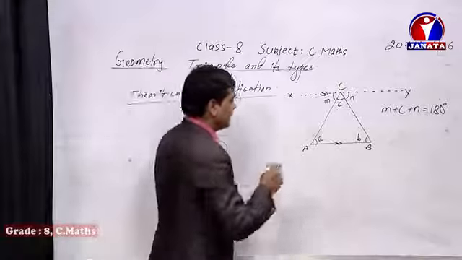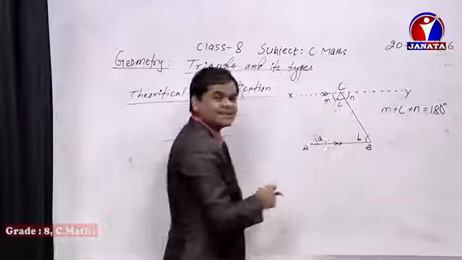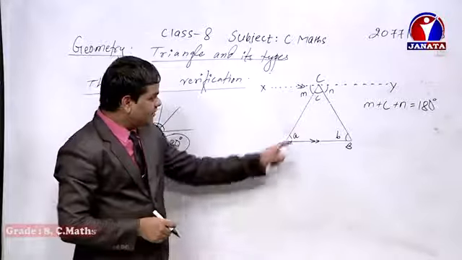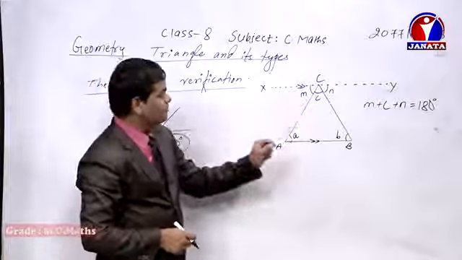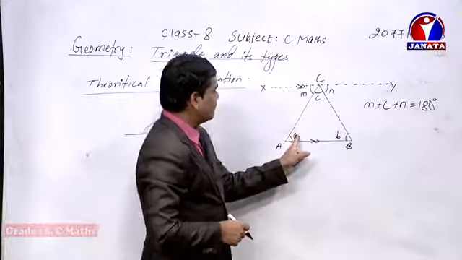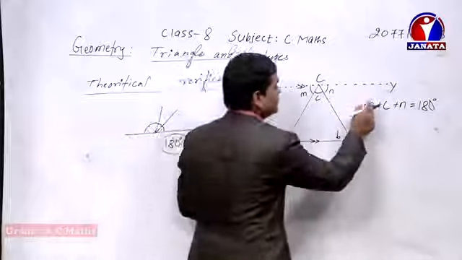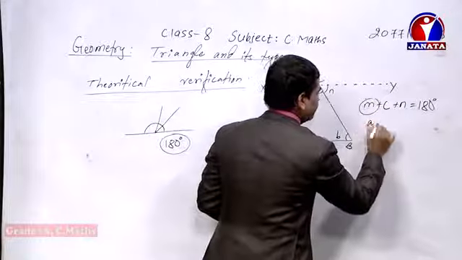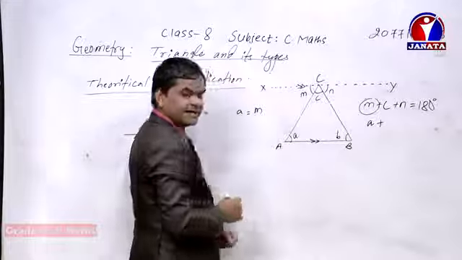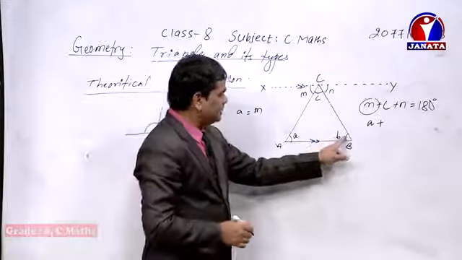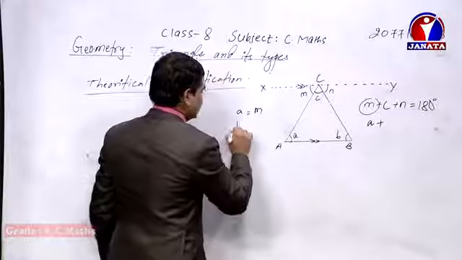And then, dear student, now we know, what about this? They are interior alternate angles, isn't it? Angle A and angle M are equal to each other. So in the place of M, as A and M are equal, being interior alternate angles, we can replace M with A, because A equals M. Similarly, B equals N, interior alternate angles.